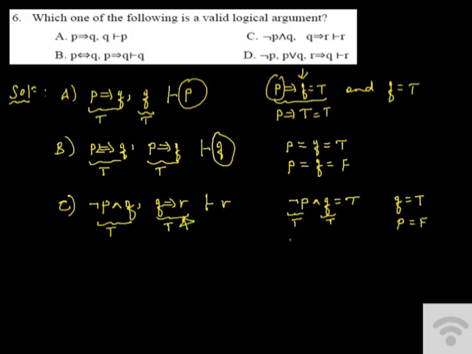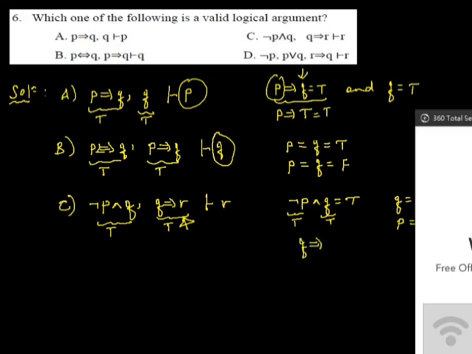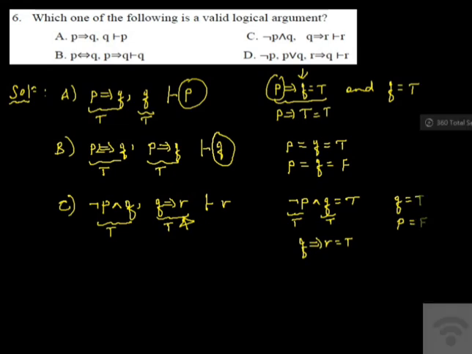Now let us use the second premise. Q implies R is true, but Q is already true. So true implies R is true means R is necessarily true.